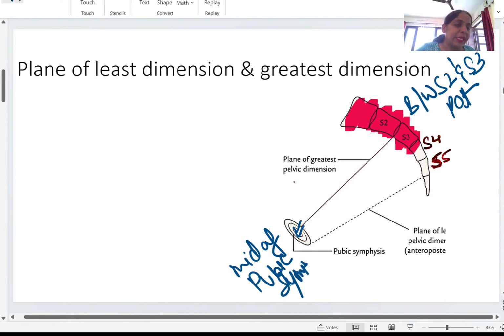Then there is the plane of least dimension. What is it? It starts from the lower border of the pubic symphysis and is opposite between S5 and coccyx.